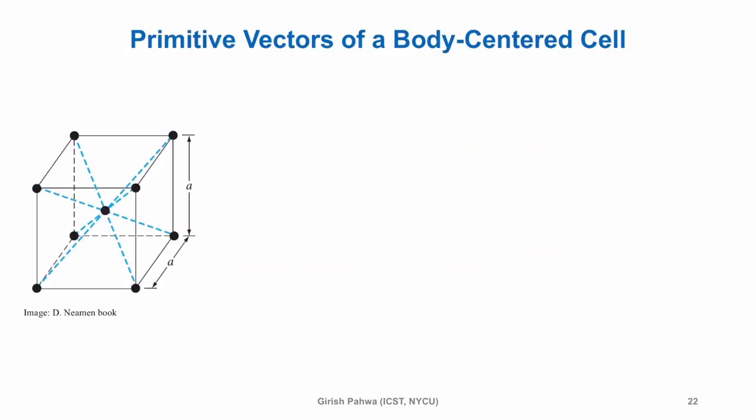What about this? How many points does it have? 2 points. How? The contribution of the corner point is 1 by 8. Think in terms of 3D. This is not just one cell. There will be surrounding cells. It's a whole crystal.